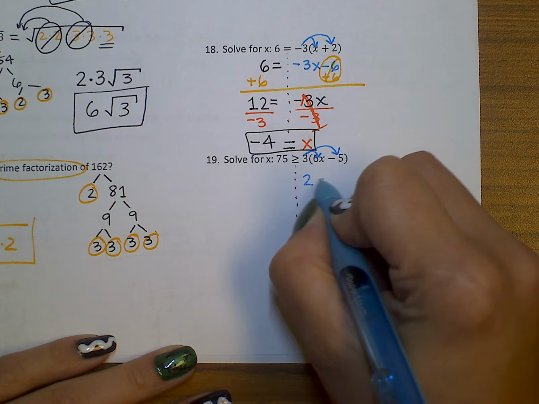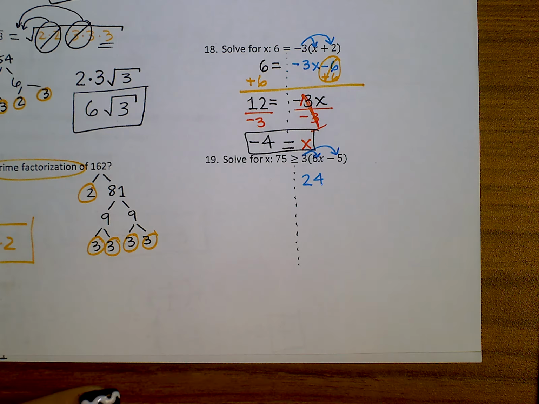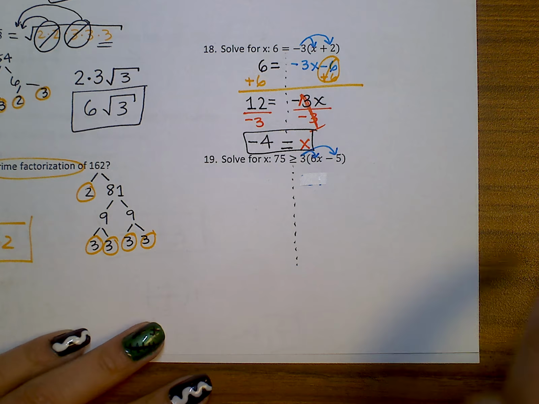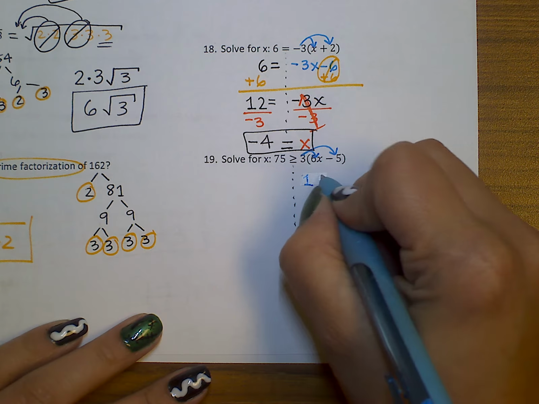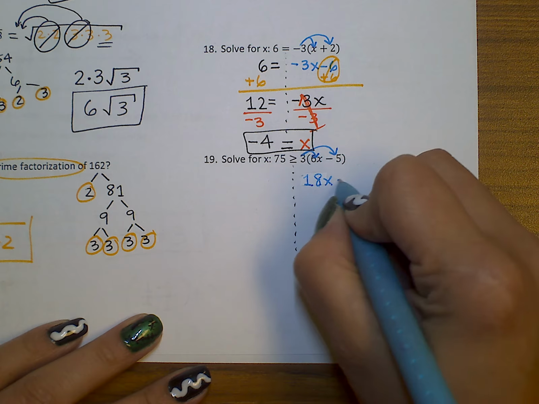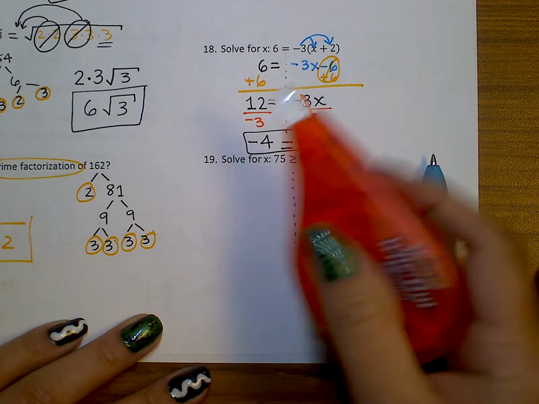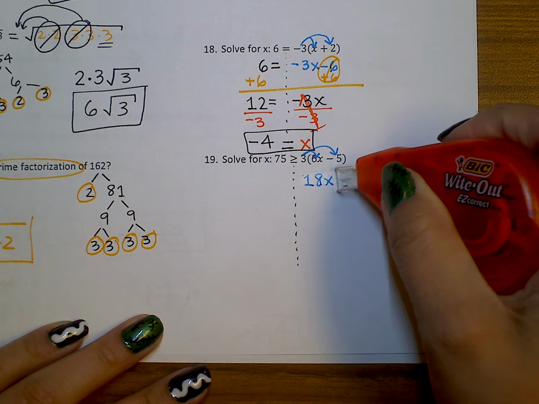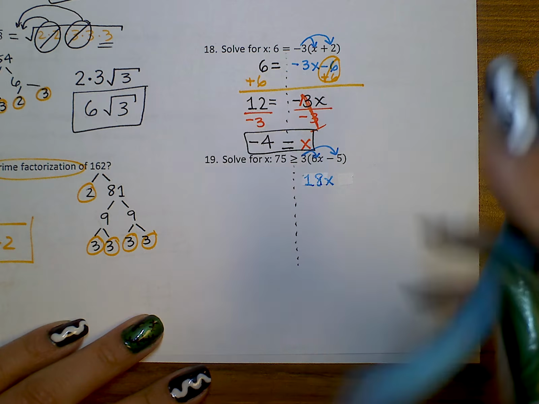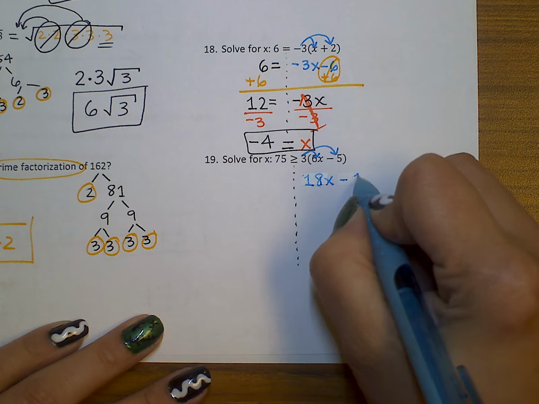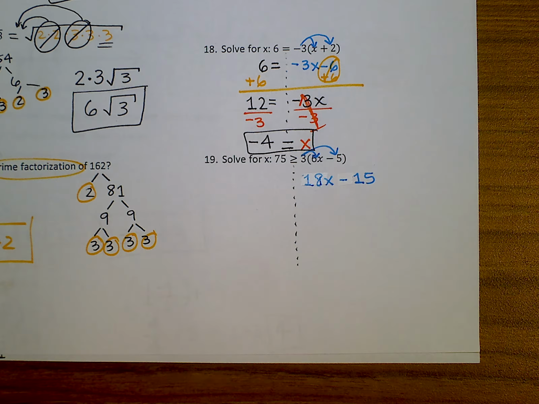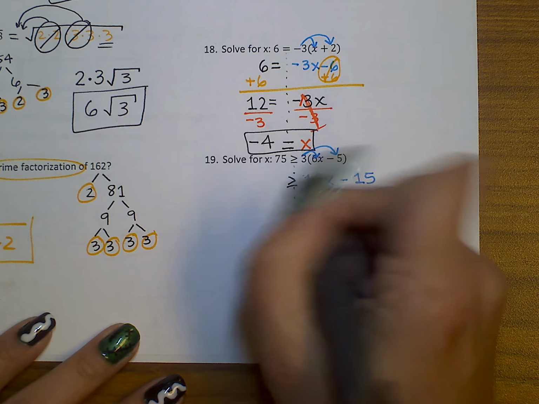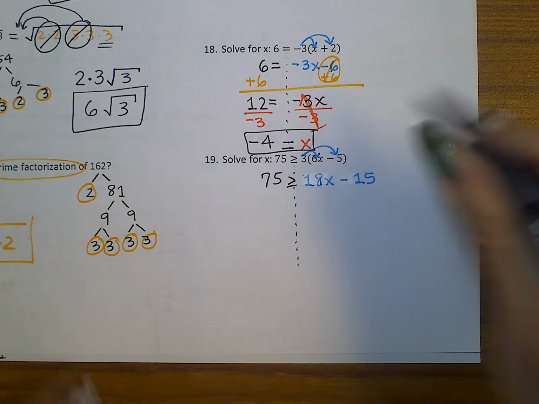That gives me 24, oh, sorry, my apologies, 18x minus 15. I don't know where my brain is right now. All right, for now I'm going to bring down this equivalent symbol and my 75.